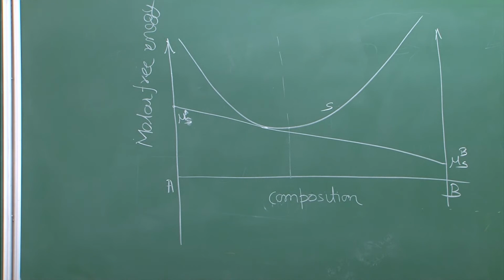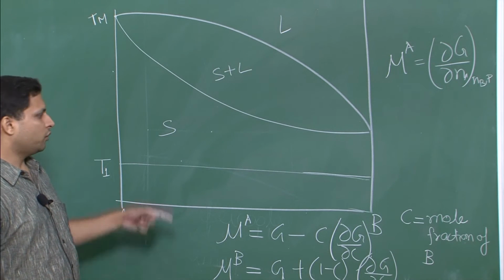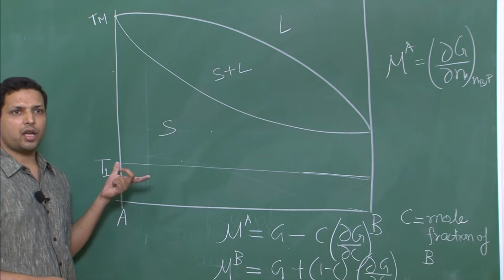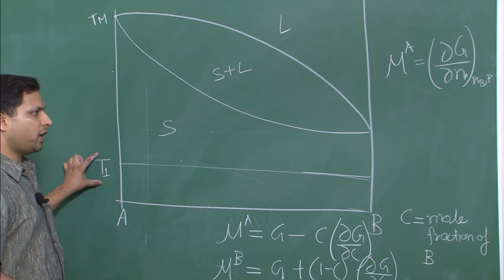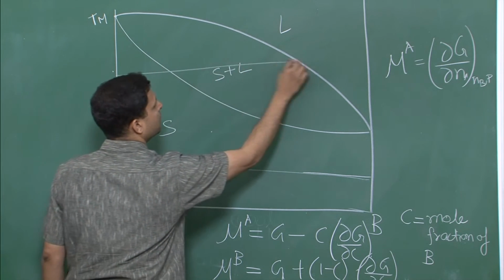Now this is how this energy plot would look at a temperature where you have only one phase existing, which is the solid phase. Now let us say we are at some particular temperature T2.